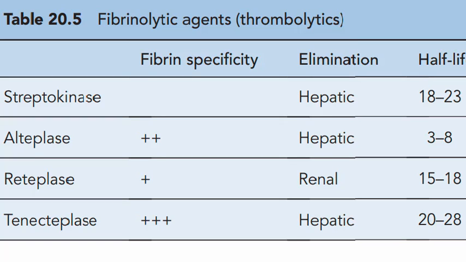It is continuously infused over 60 minutes, while reteplase and tenecteplase, having a good half-life, are preferred over alteplase because they can easily be administered through the IV bolus route. Reteplase is renally cleared and tenecteplase is hepatically cleared.